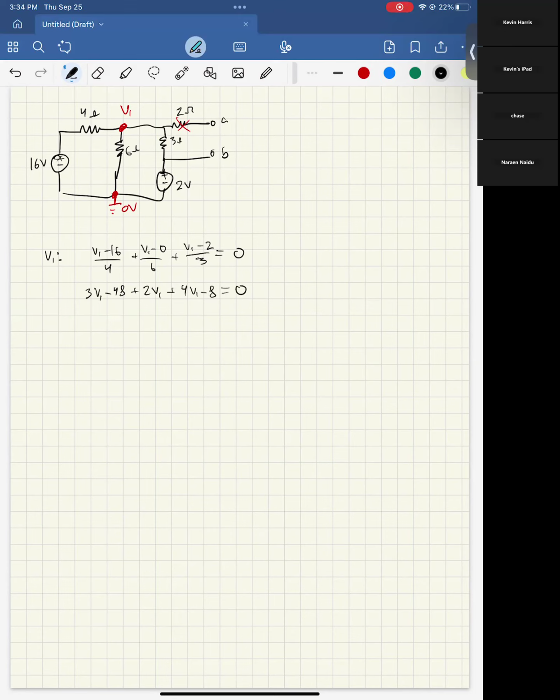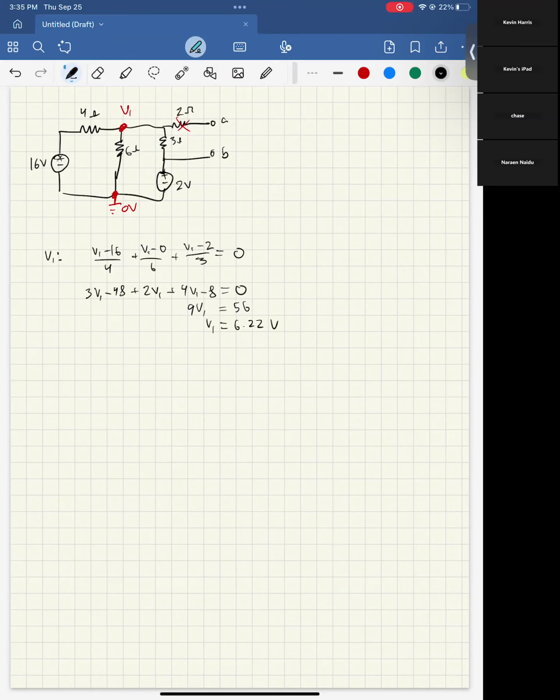If we add all the V1s up, you get 3 plus 2 plus 4 is 9V1, I believe. And that will equal 56. Is that right? Yeah. So then V1 equals 6.22 volts, roughly.